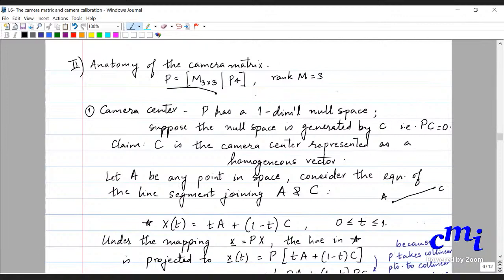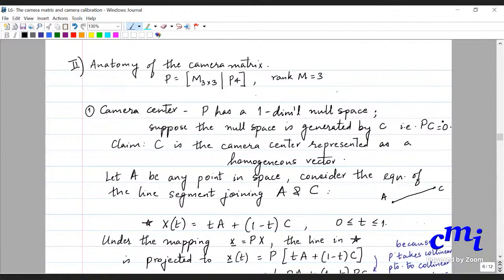So coming back to the topic at hand. There is a little bit to be talked about the anatomy of the camera matrix. What do I mean by anatomy of the camera matrix? Suppose you are given any 3 by 4 matrix P, and you're told that this is the camera matrix of something. From that 3 by 4 matrix, how do you find out the properties of the camera?